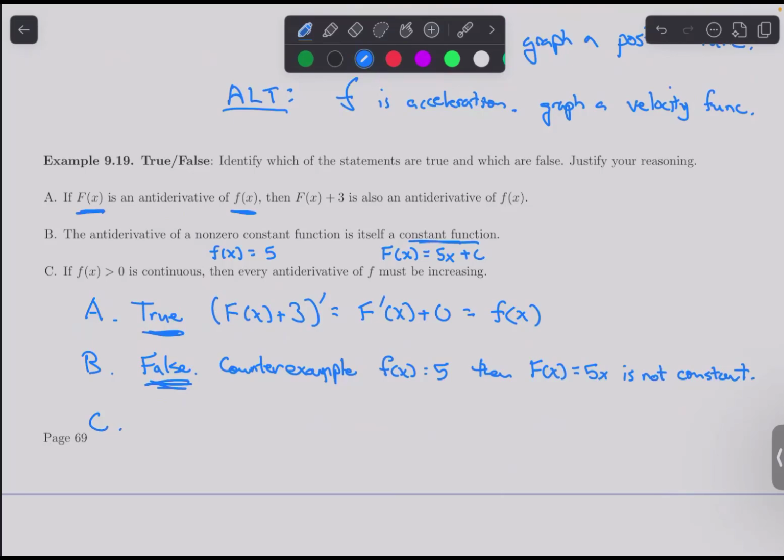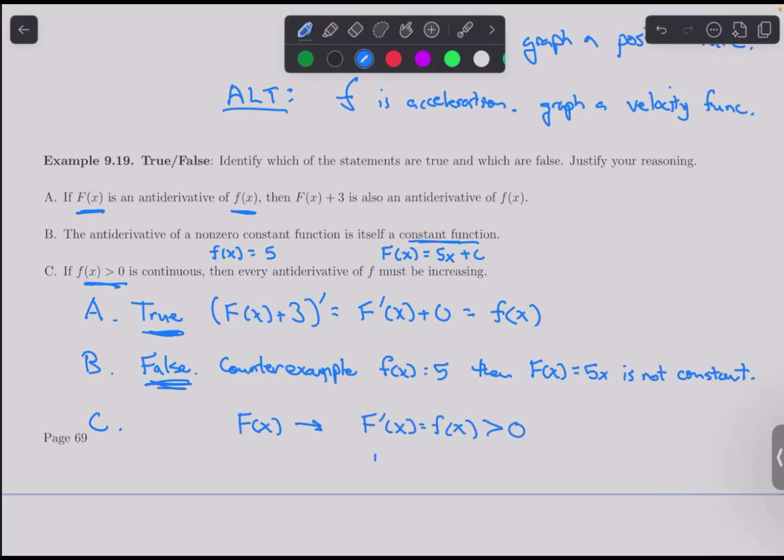And then a third, final example: if little f is continuous, then every antiderivative of little f must be increasing. So it's continuous, but also it's positive. I guess that's an important point here. And so if we have an antiderivative, we're talking about and interested in a capital F. And remember, capital F is something that when you take the derivative of it, you get back to where you started. So this thing we know is supposed to be positive.